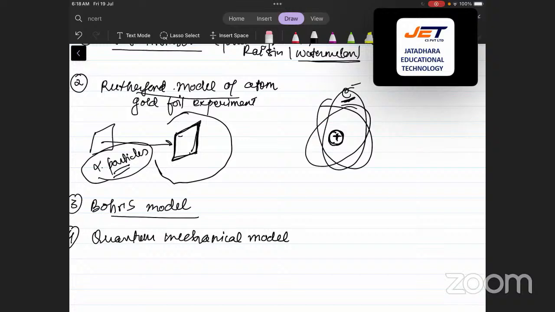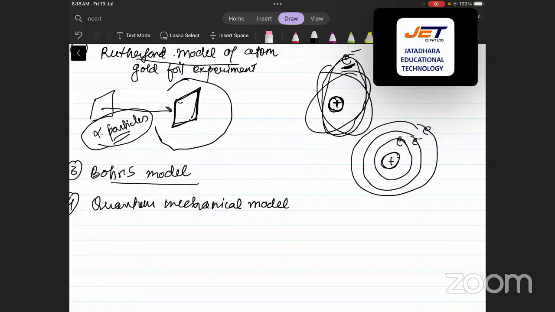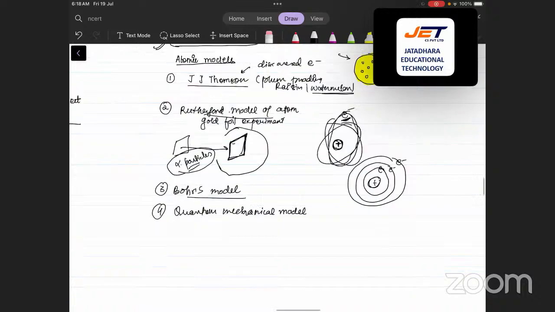So then Bohr came with a model where he said that the nucleus will be at the center, and then we will have different energy levels, and the electrons will be revolving around the nucleus in these energy levels. They can only go from one energy level to the other when they emit or absorb energy. So this is the picture of the atom according to Bohr. This is the picture of the atom according to Rutherford.